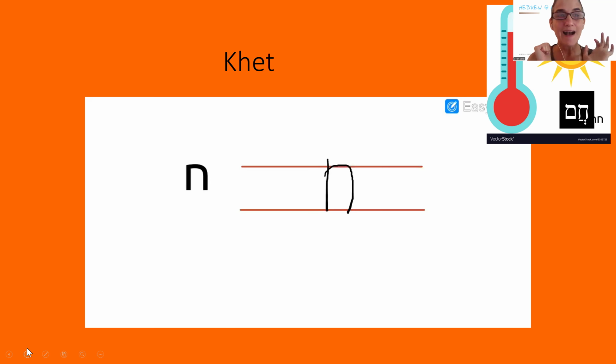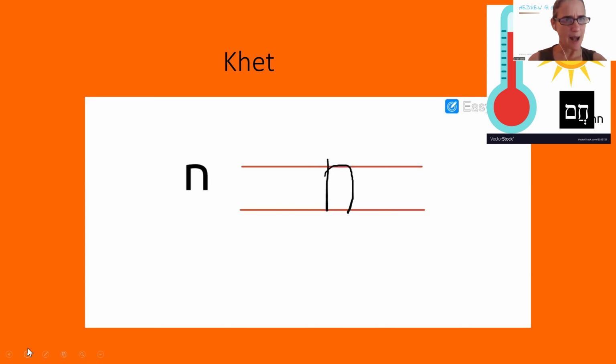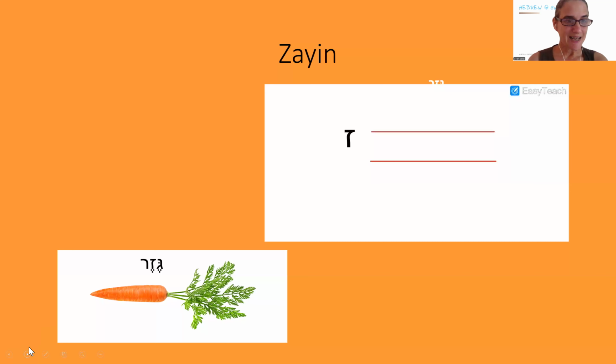And a nice word with a chet: cham, hot. It's hot in Washington DC in the summer. Okay, cham.